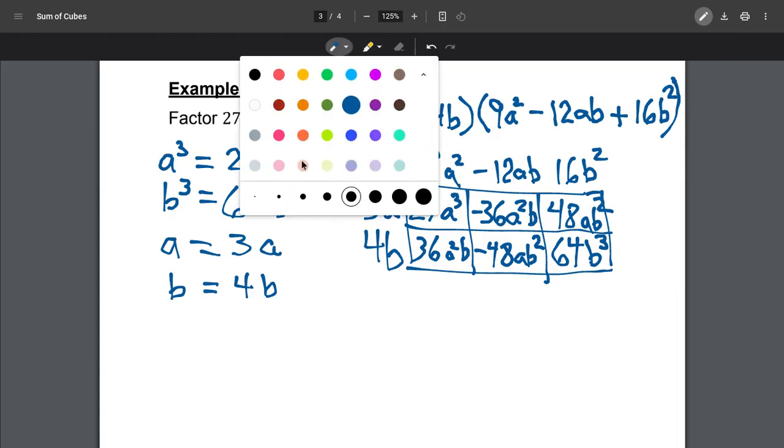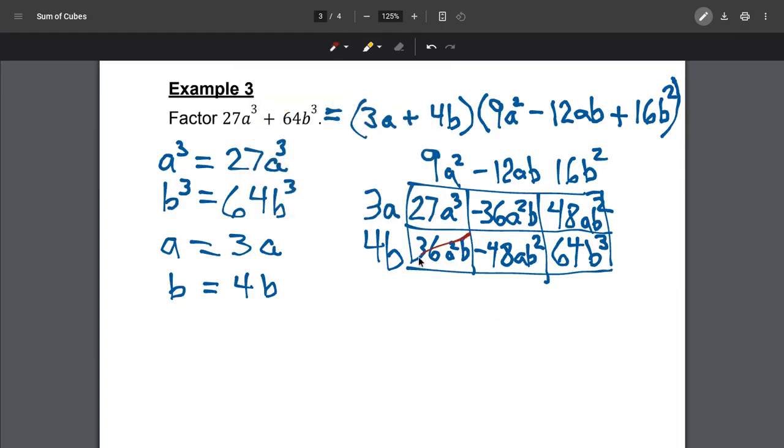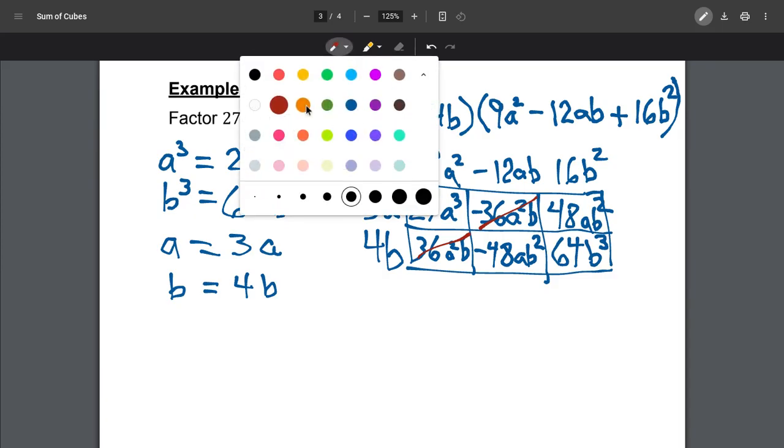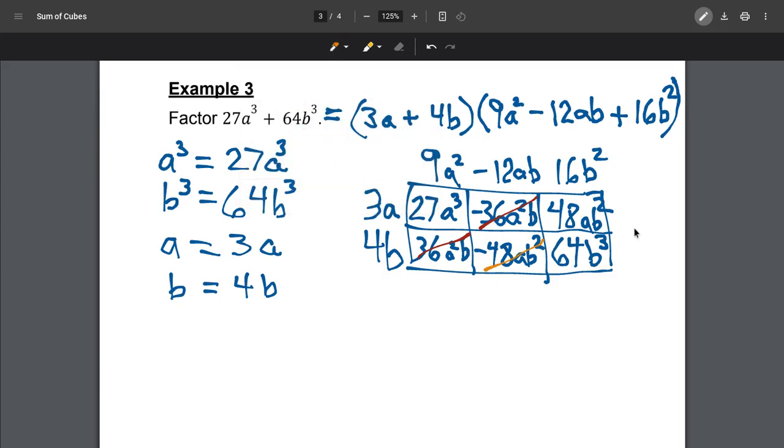All right, so the 36a squared b is going to cancel out the negative 36a squared b, as well as the negative 48ab squared is going to cancel out the 48ab squared. We're going to be left with 27a cubed plus 64b cubed. So we've factored this correctly.